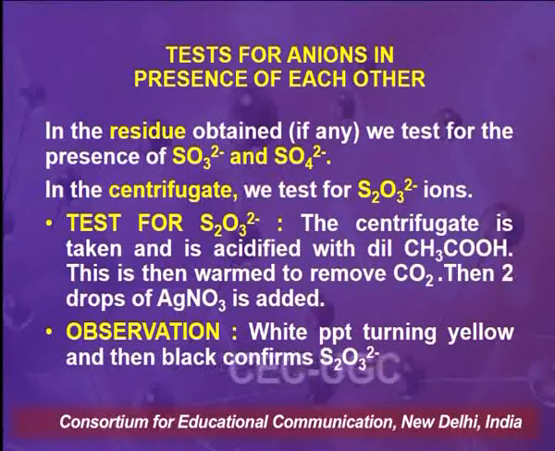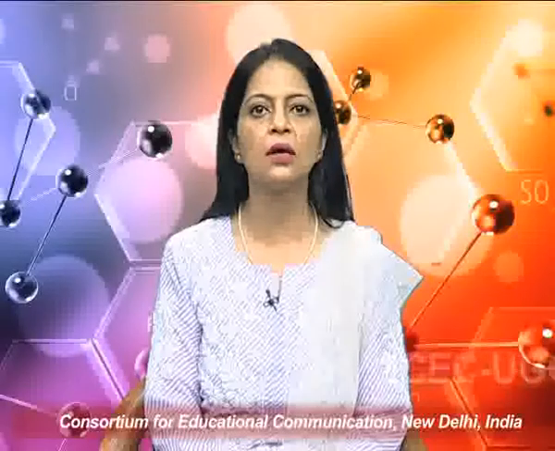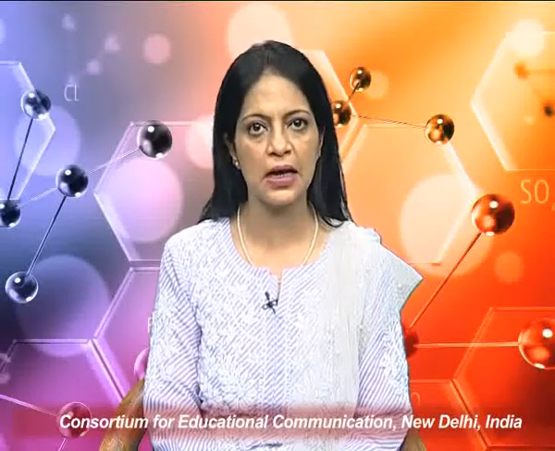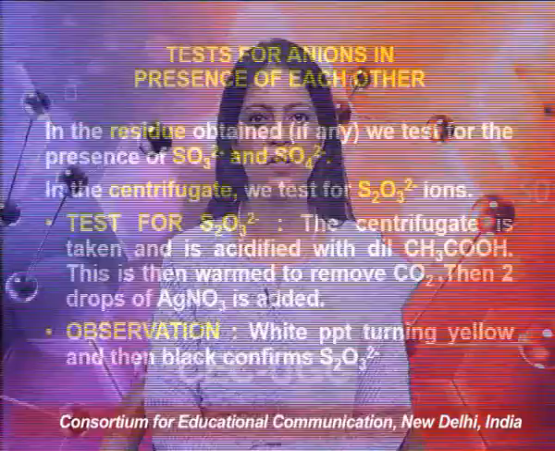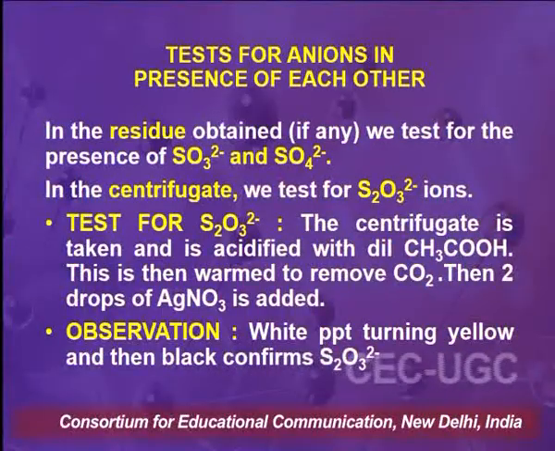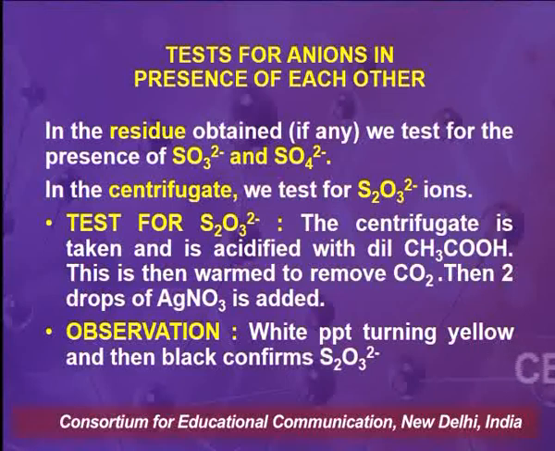Acetic acid is a weak acid which will not decompose the thiosulfate ions. This is then warmed to remove carbon dioxide, and then 2 drops of silver nitrate are added to this solution. Upon the addition of silver nitrate, if white precipitate turning yellow and then finally black is observed, this confirms the presence of thiosulfate ions in the mixture.